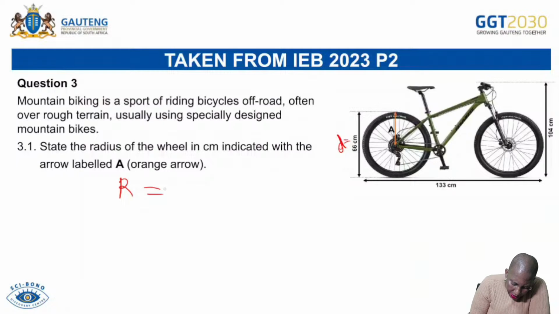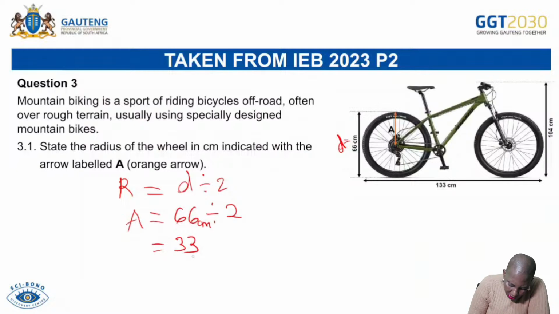Will be the diameter divided by 2. So the radius, remember it's A, and the diameter is 66. It will be 66 divided by 2. So when I divide, it will give me 33 what? 33 centimeters.